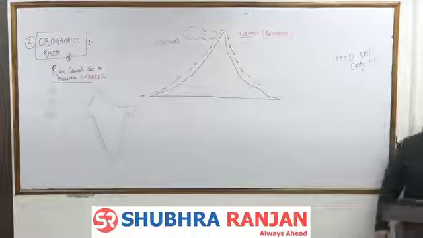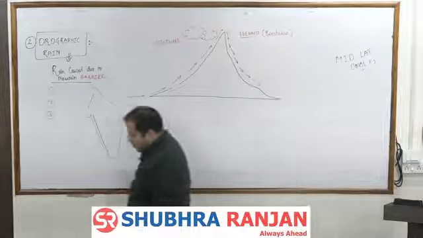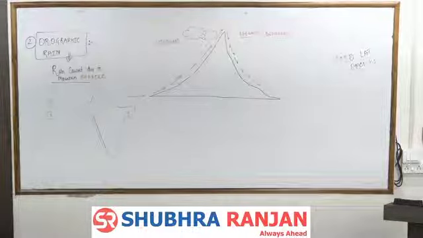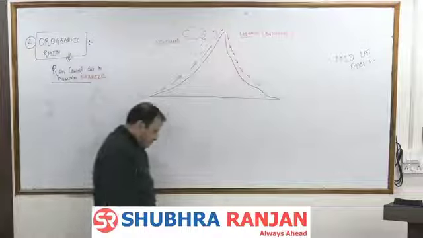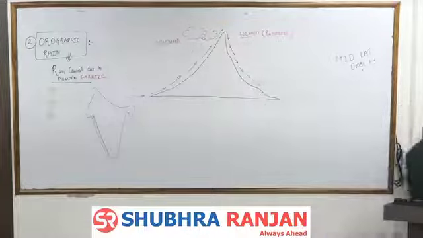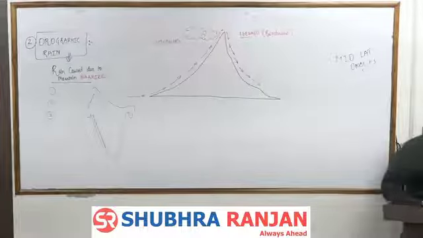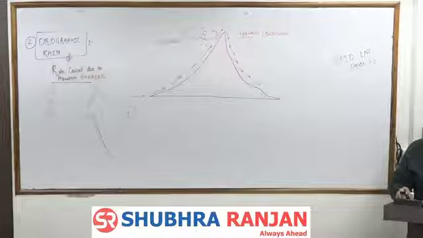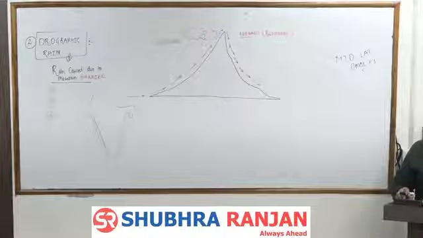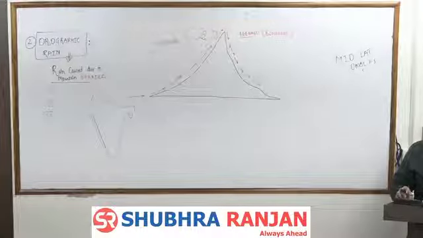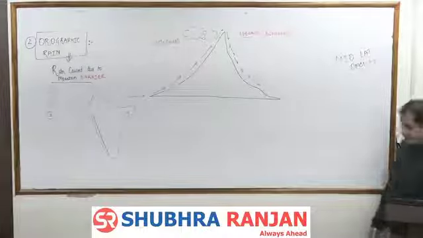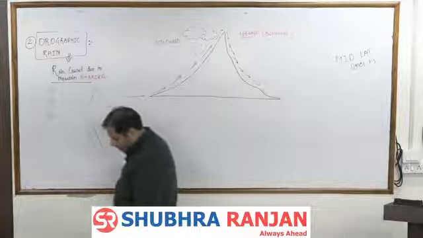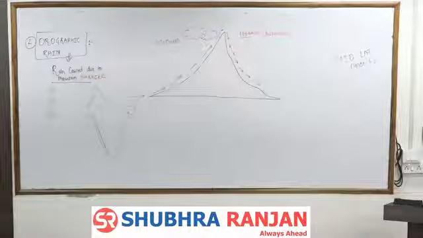First, the mountain should be perpendicular to the wind direction. Because the air should rise up, cool adiabatically, and give rainfall.